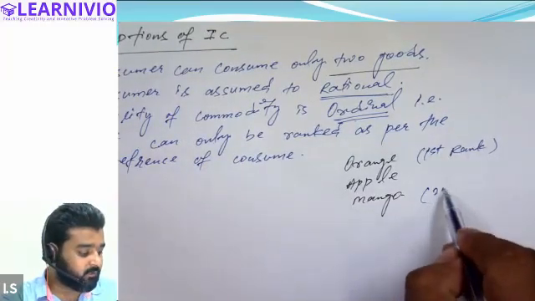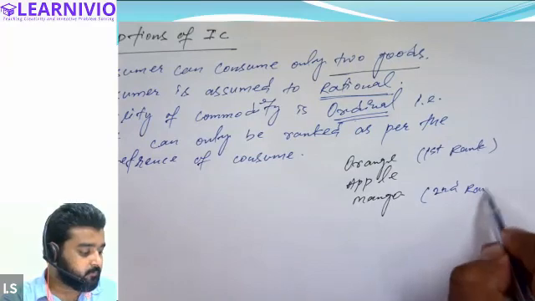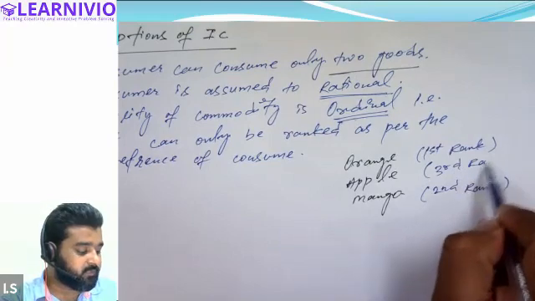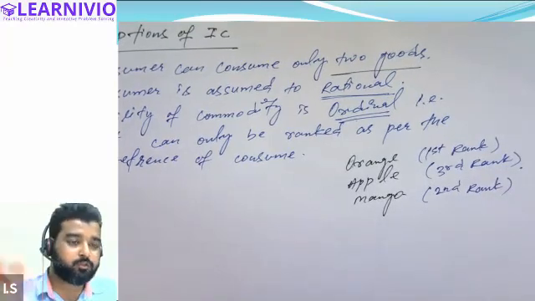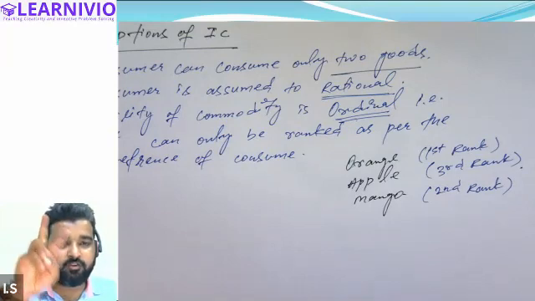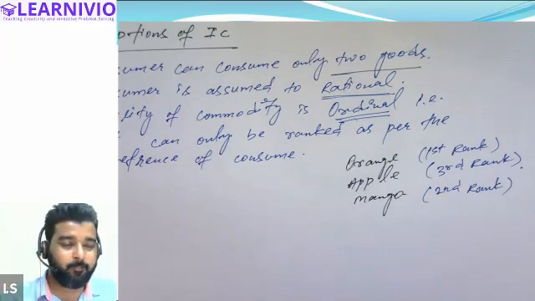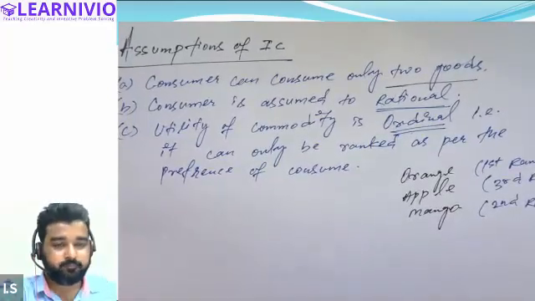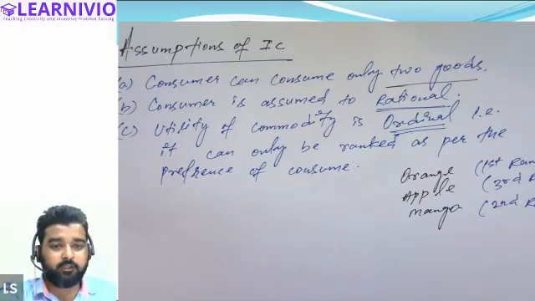Then you are giving the second preference to the mango, and after that you like the apple the least, so you are giving it the third rank. So in real life, we actually rank the satisfaction. If we are consuming two goods, we will say the first good is better than the second good, or the second good is better than the first good. In real life, we compare the goods and rank them depending upon our preferences, how much we have liked the commodity.